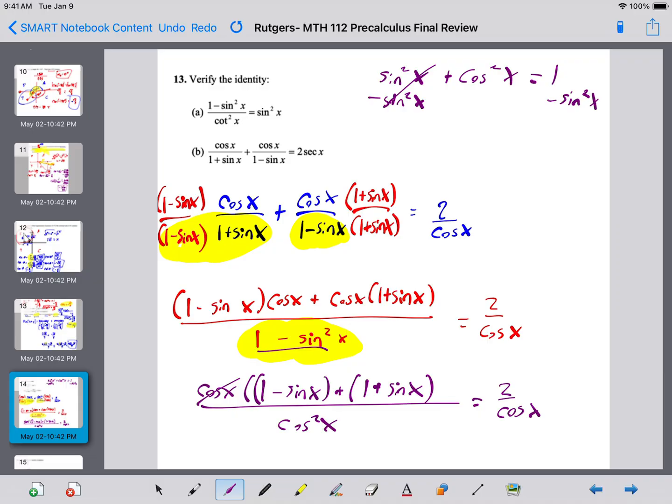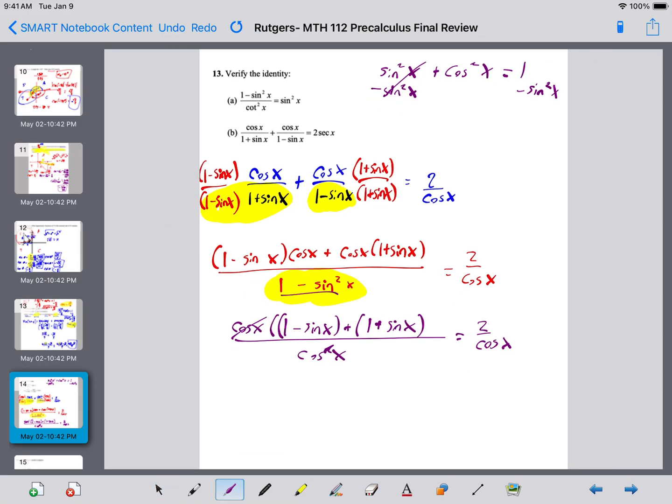This cosine cancels out and 1 cosine cancels out here. And now I would probably just add these. So 1 plus 1 is 2. Negative sine x plus sine x cancels out, over cosine x equals 2 over cosine x.